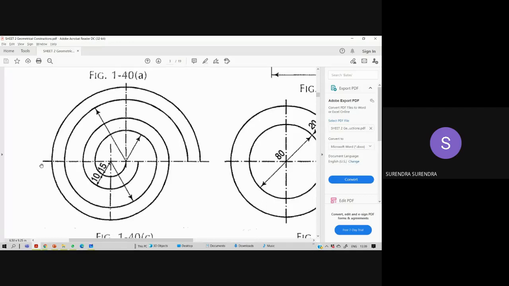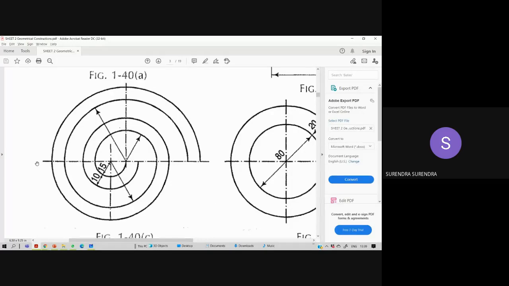Now here, if you observe these 3 lines, how are these lines? Long dash, space, dot, long dash, dot, long dash, dot. This is called the center line, indicating the axis lines or center lines of the circle diameter. We are going to use this line pattern.